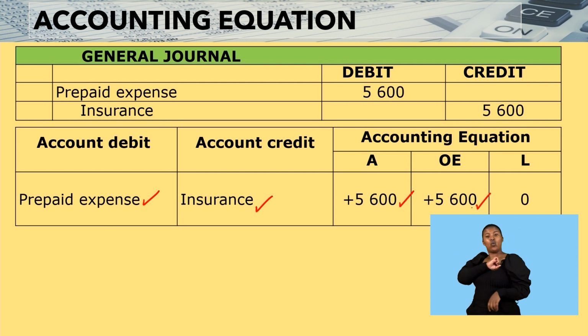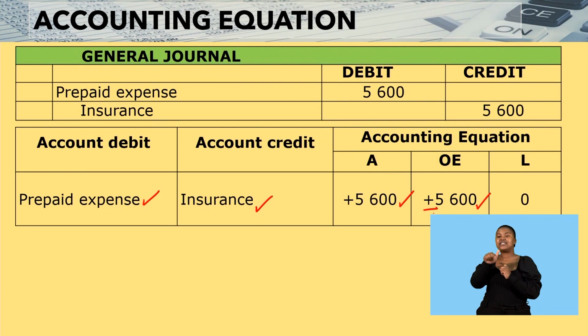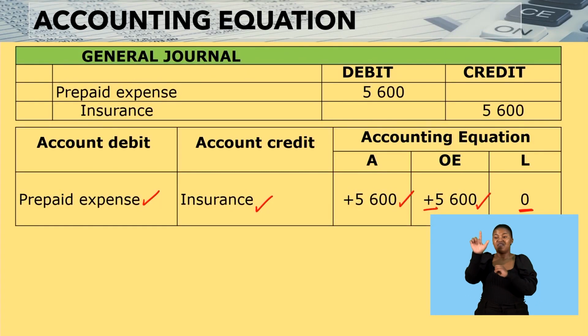Because when we recorded that amount that included the insurance for the next financial year, we had decreased owner's equity. Now, to adjust, we say plus 5,600, because the 5,600 is a prepaid expense. It will not affect our liabilities. Hence, you see, it is 0.